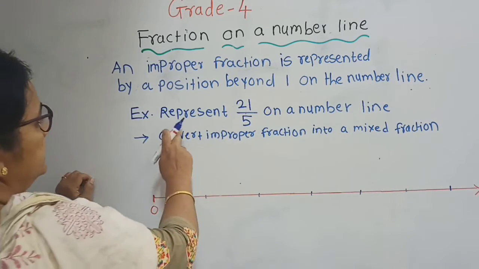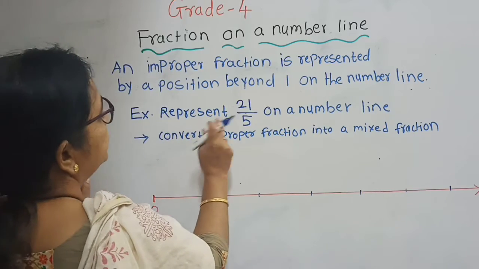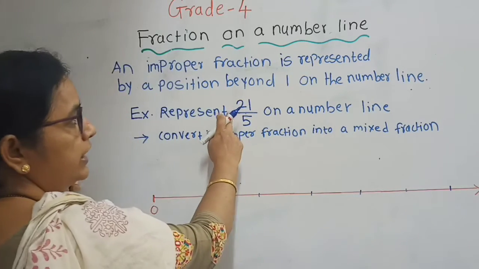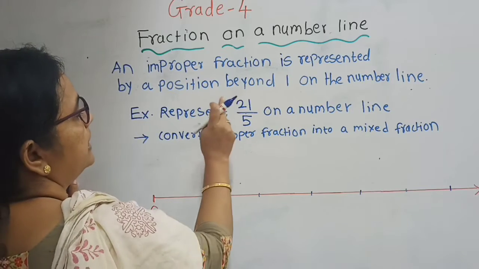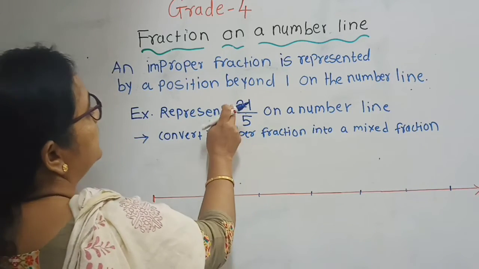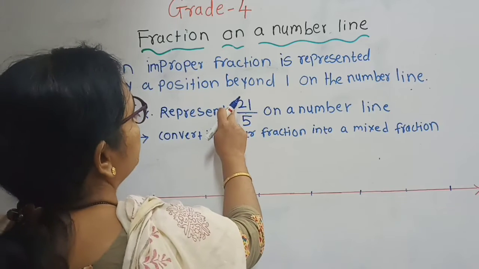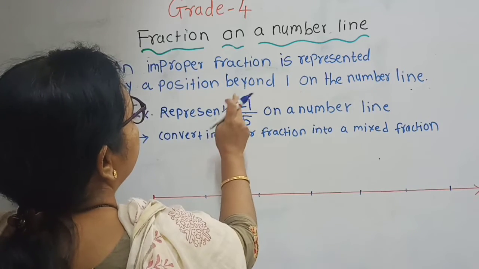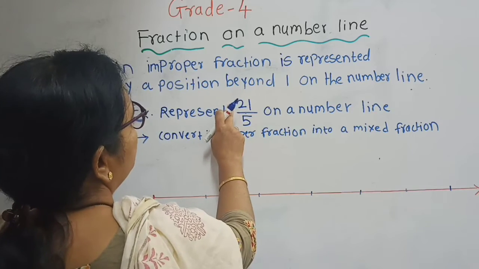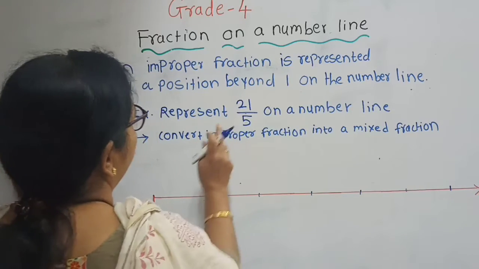This is an example: represent 21 upon 5 on a number line. Children, you know improper fraction means the numerator is larger than the denominator. Here the numerator is 21 and 5 is the denominator.